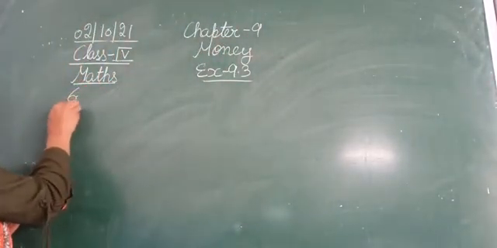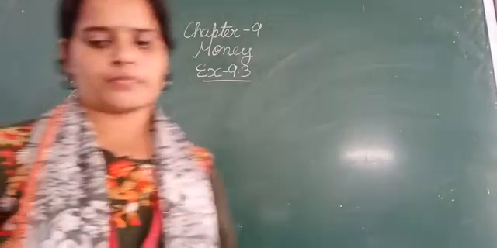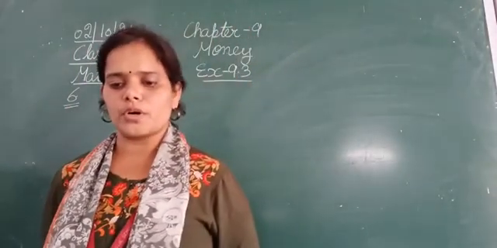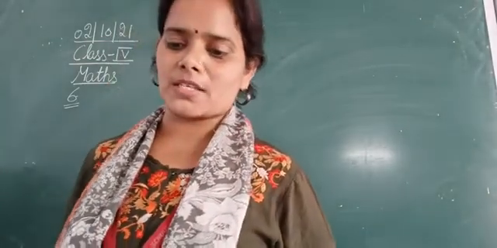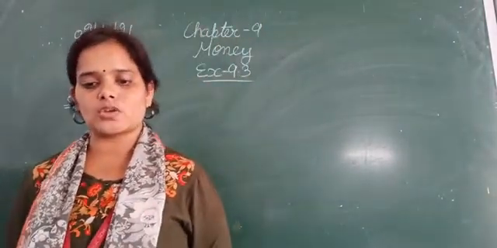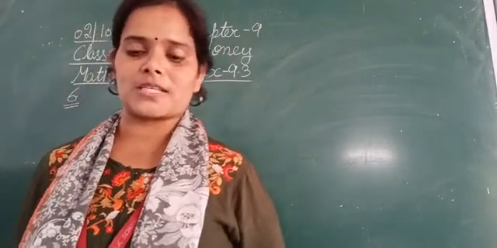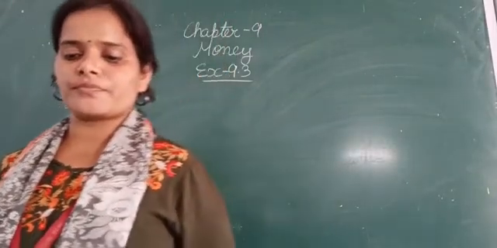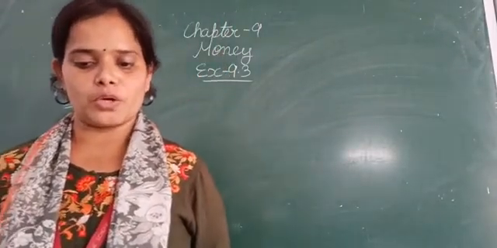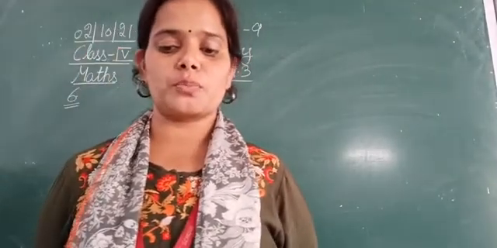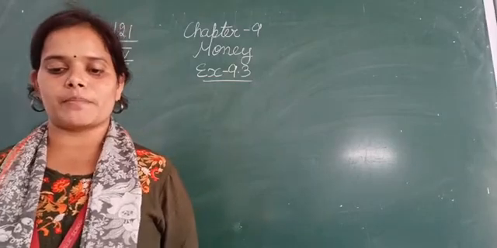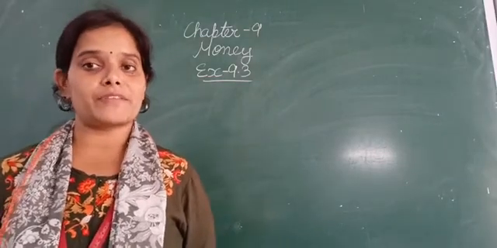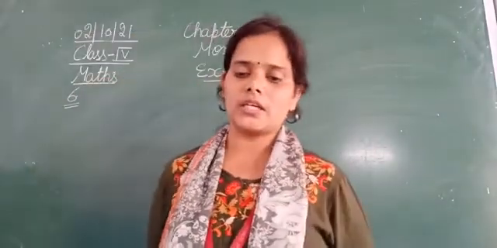Question number 6 is: Kareem bought 4 books, each costing 139 rupees 75 paisa, and 2 pens, each costing 68 rupees 50 paisa. She gave one 500 rupee note and 200 rupee notes to the bookseller. What amount did the bookseller give her back? It's Karina, not Kareen.